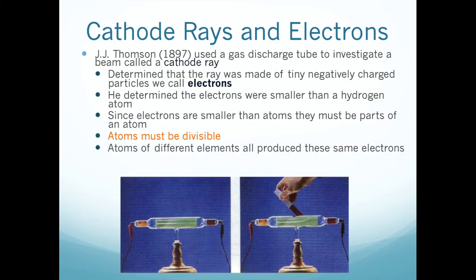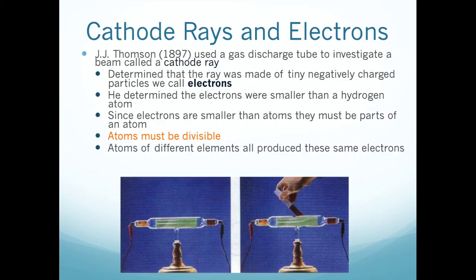Okay, there were these experiments that people ran with these cathode ray tubes, trying to understand what these cathode rays are. The first person to suggest a plausible explanation, though, that he was able to back up, was J.J. Thomson. Okay, please note that's Thomson spelled without a P. It's not a typo. That's actually how Thomson's spelled. So J.J. Thomson basically looked at the evidence from these experiments and said, all right, what does this tell us about these rays?